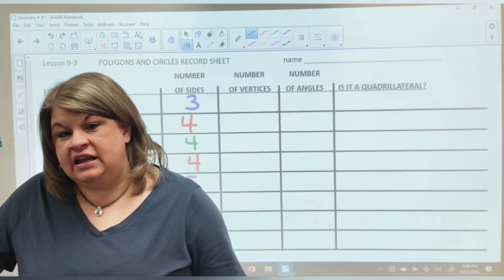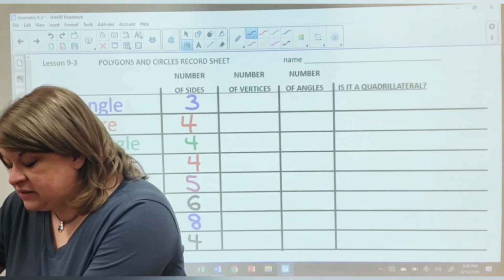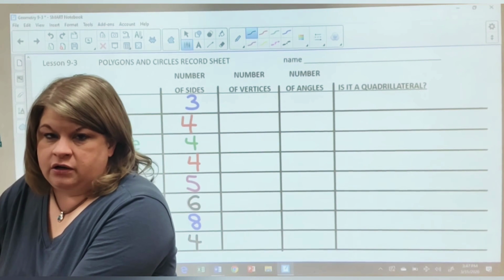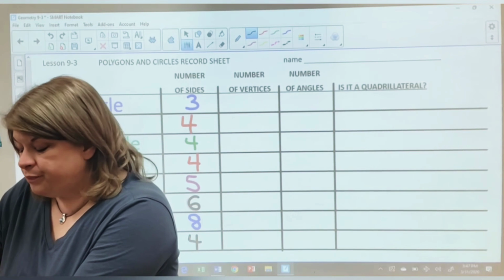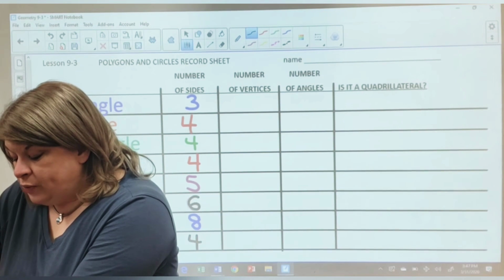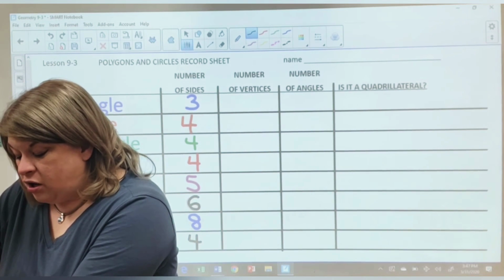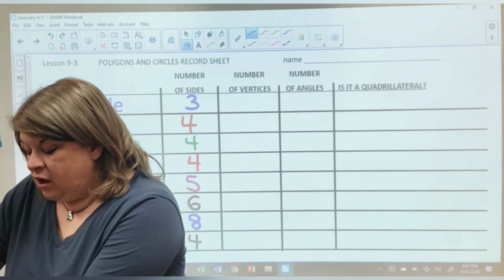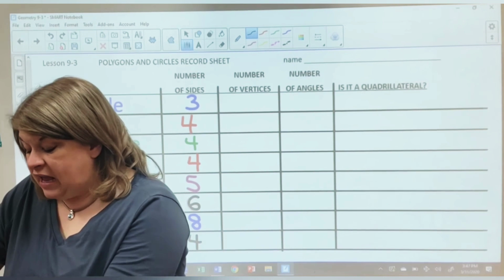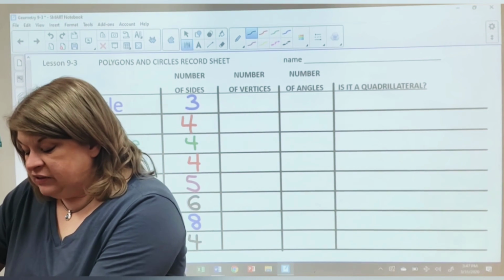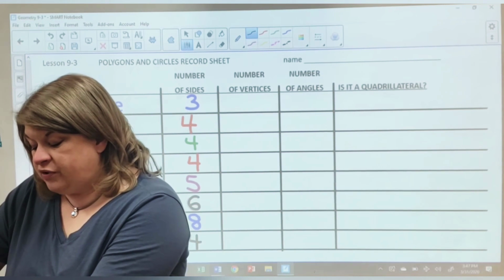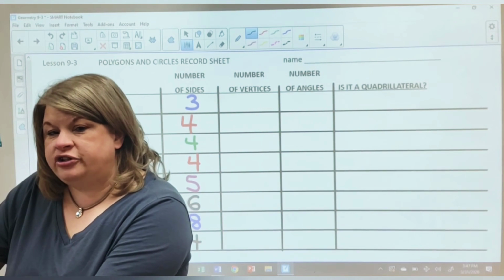Look at page 16. At the top, it says, a side is a straight line that bounds a closed figure. It's the boundary. It's the border. The point where 2 sides meet is called a vertex. It's a corner. On the picture here, there is a triangle. The lines that go together, those are called sides, but each of the points where they touch, it's called a vertex.